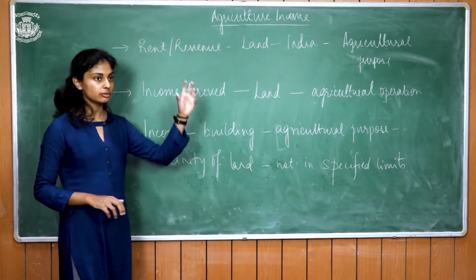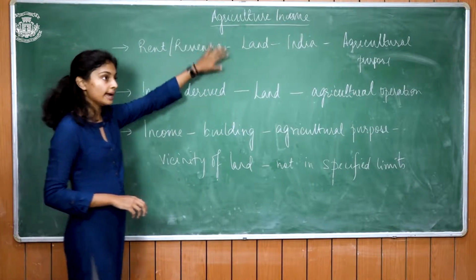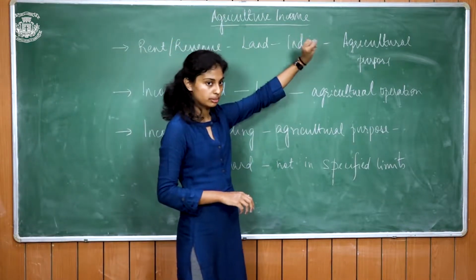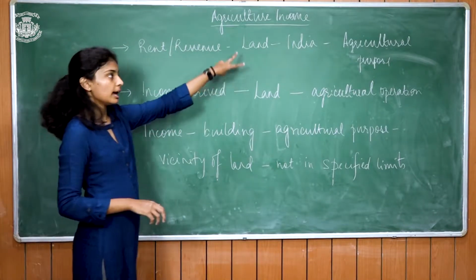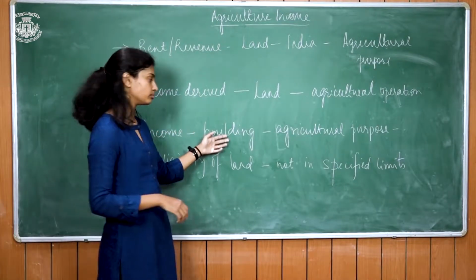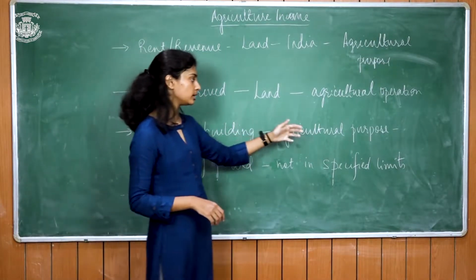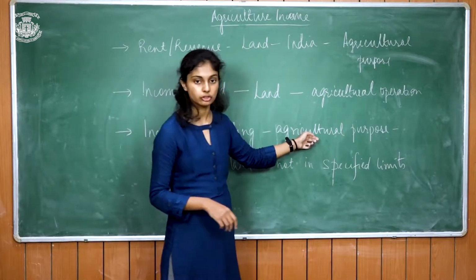So in simple terms, agricultural income deals with rent and revenue from land situated in India used for agricultural purposes. It also deals with income from agricultural operations on the land. And thirdly, it deals with income from a building, maybe a farmhouse, which is situated in the vicinity of such land and is used for agricultural purposes.